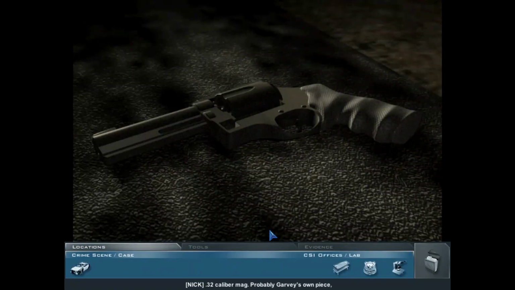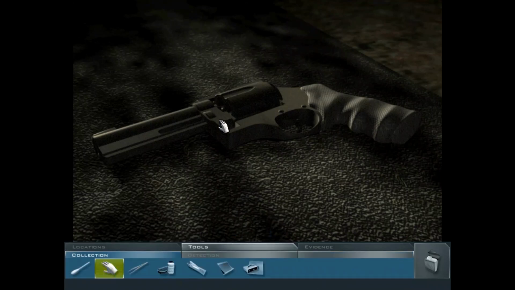.32 caliber mag. Probably Garvey's own piece, but we'll have to confirm that. Let's make sure there's nothing to detect on the gun before bagging it.